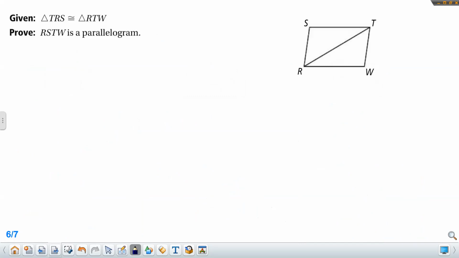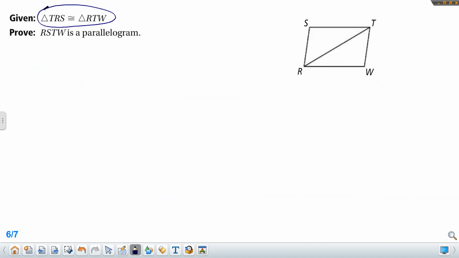Second exercise. What's the given here? The given is triangle TRS similar to triangle RTW. Remember with me first, what about similarity? Triangle TRS is congruent to triangle RTW.